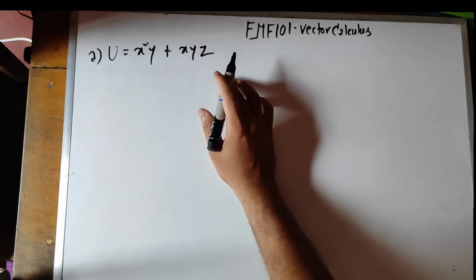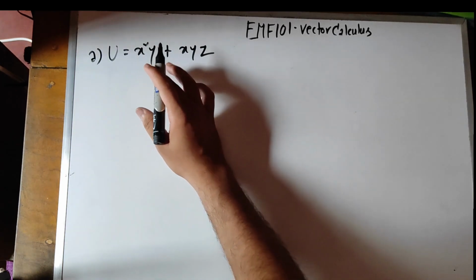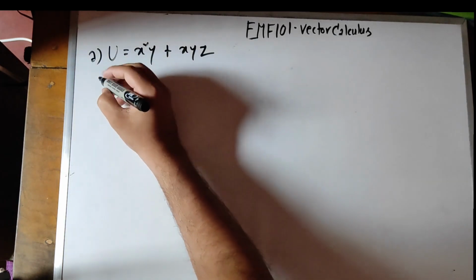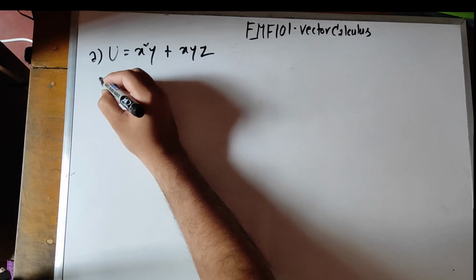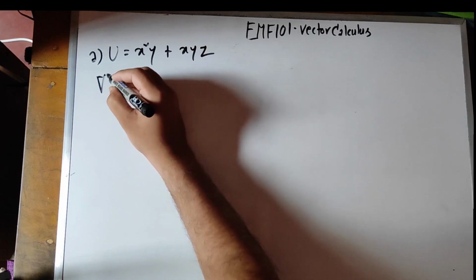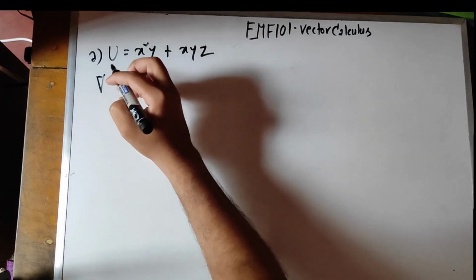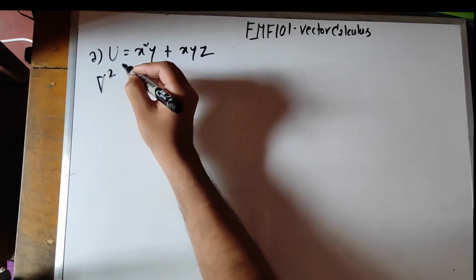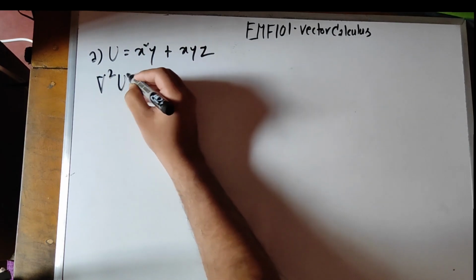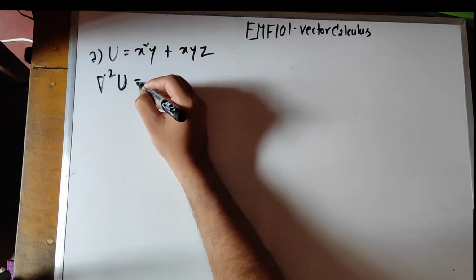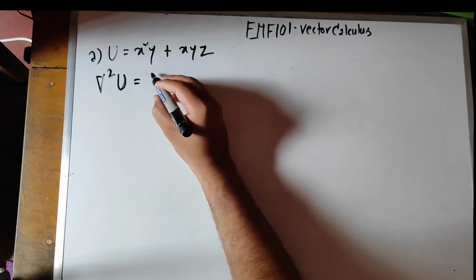So our first scalar field is u equals x square y plus xyz. Now we just have to take the Laplacian of the scalar field. So the nabla operator or del operator acting on the scalar field u, which is this.